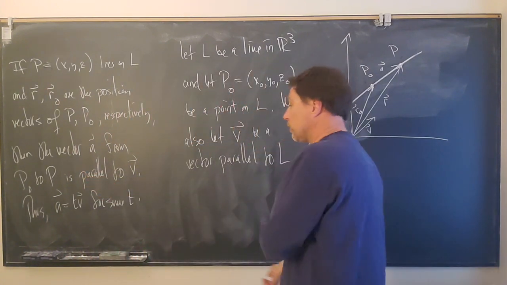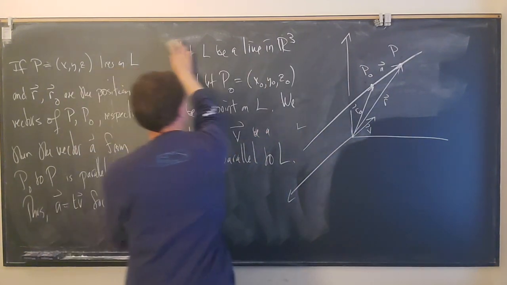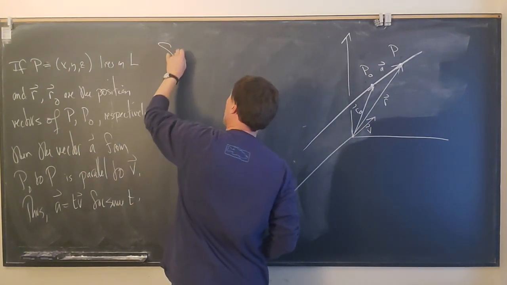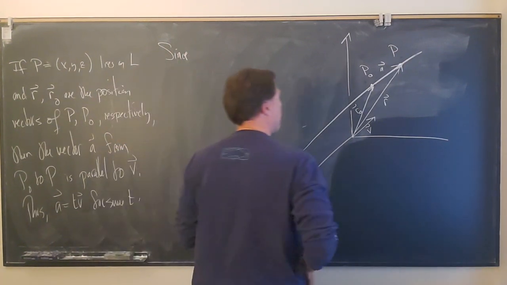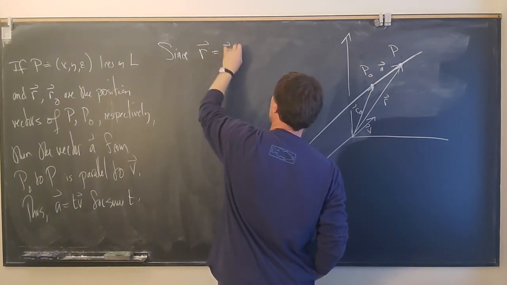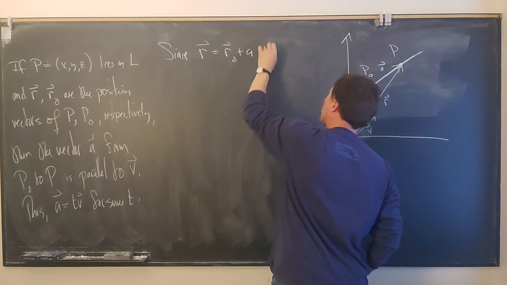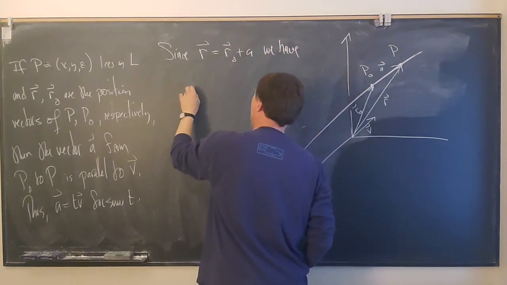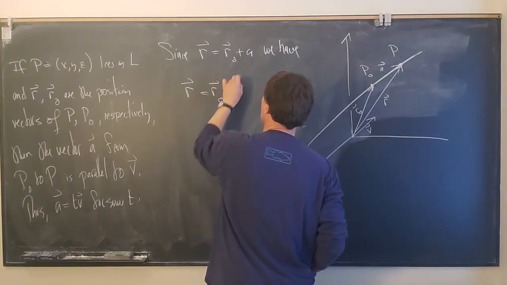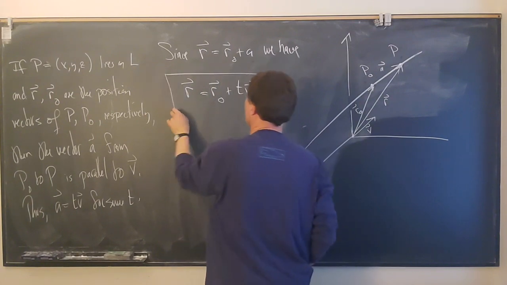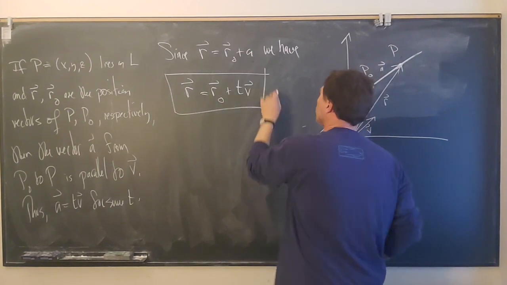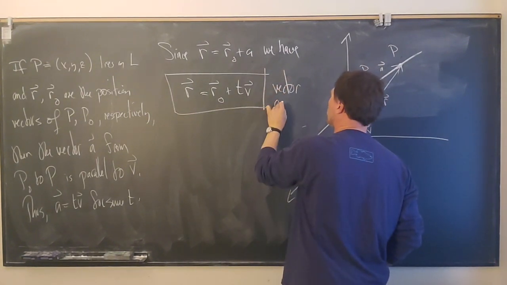A has to be a scalar multiple of V. So since R is equal to R0 plus A, now I'm going to substitute for A, R is equal to R0 plus T times V. And that equation right there is known as the vector equation of L.